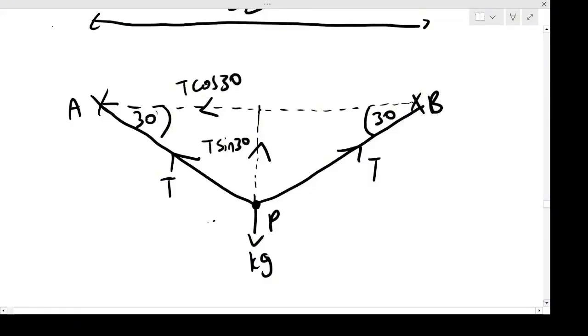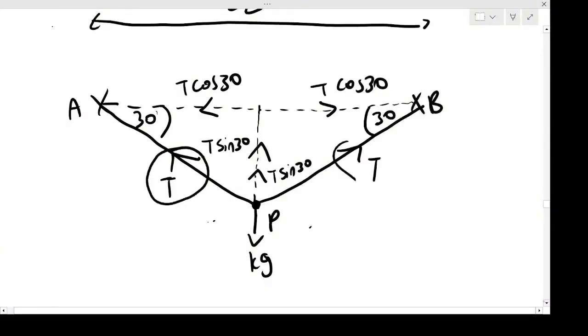Okay. And then if I do the same for this tension here, I'm going to go up and then to the right. If I go up, it's also going to be T sine 30. And then to the right, it's going to be T cos 30. Okay. So hopefully happy again with how I split up the two tensions here into horizontal and vertical parts.